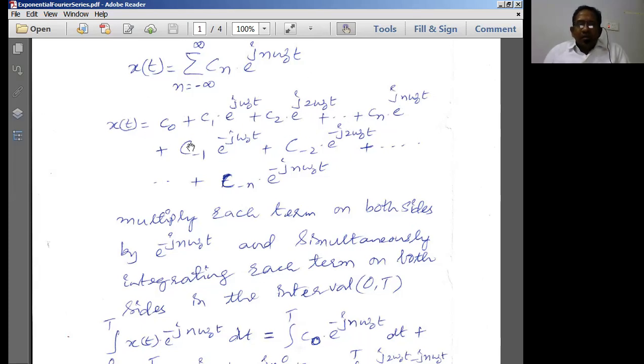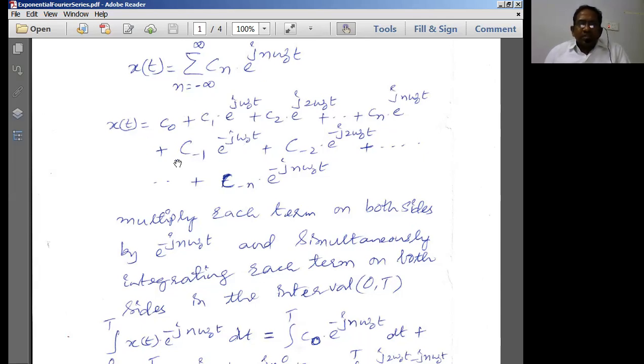Now the other part is the negative part of the spectrum, where n takes minus 1, minus 2, minus 3, and so on up to minus n. So I substitute n is equal to minus 1 here as well.